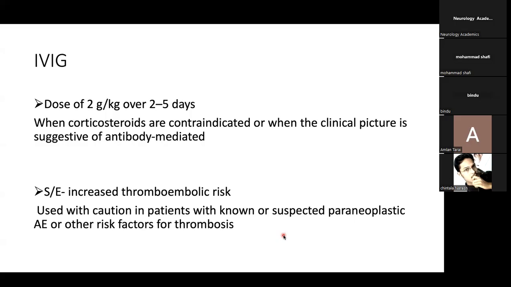Obviously, immunomodulation. And what is the rest of the benefit?